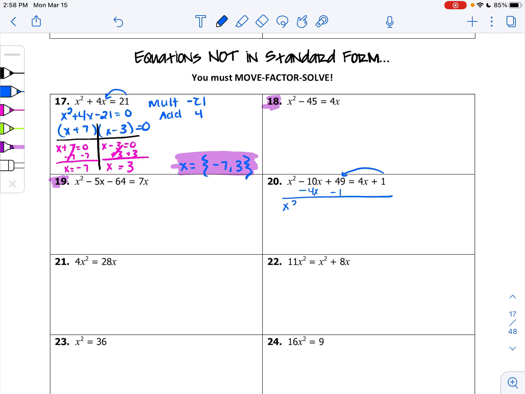So what I'm left with is x squared minus 14x plus 48 equals 0, because both the 4x and 1 have moved over to the left side. So now I have a basic trinomial that I can factor. I need two numbers that multiply to give me 48 and add to give me negative 14.